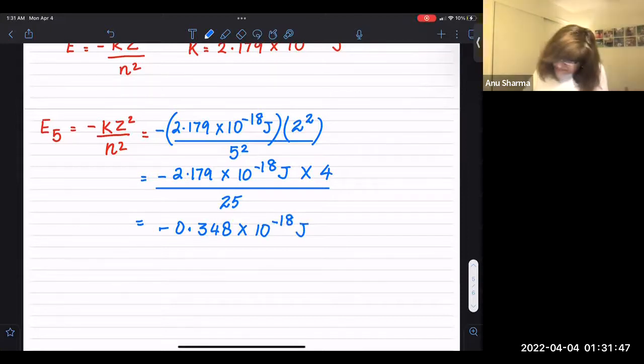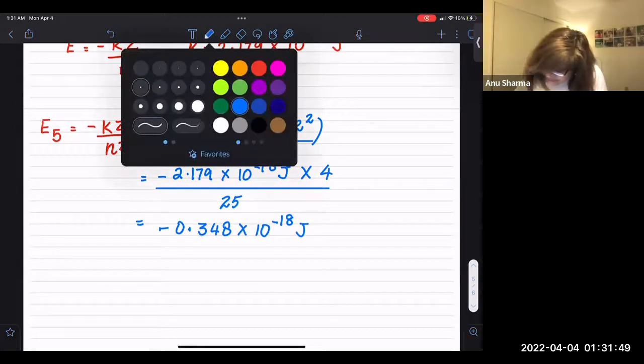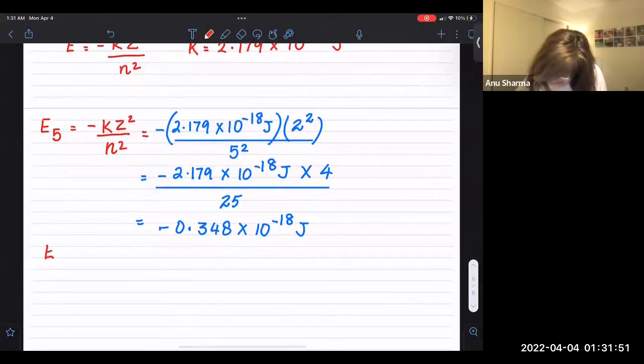Don't move the decimal. Now let's look at the energy associated with level 3, which is negative k Z square over n square.